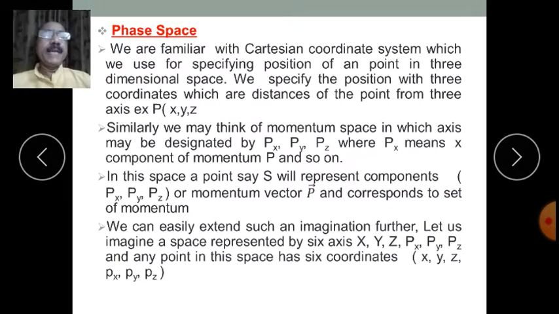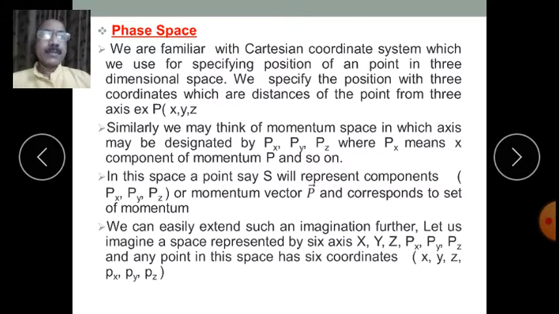So in this space, any point, say S, represents the components px, py, and pz, or the momentum vector p bar, which corresponds to a set of momentum. So in such a space, any point represents the momentum.